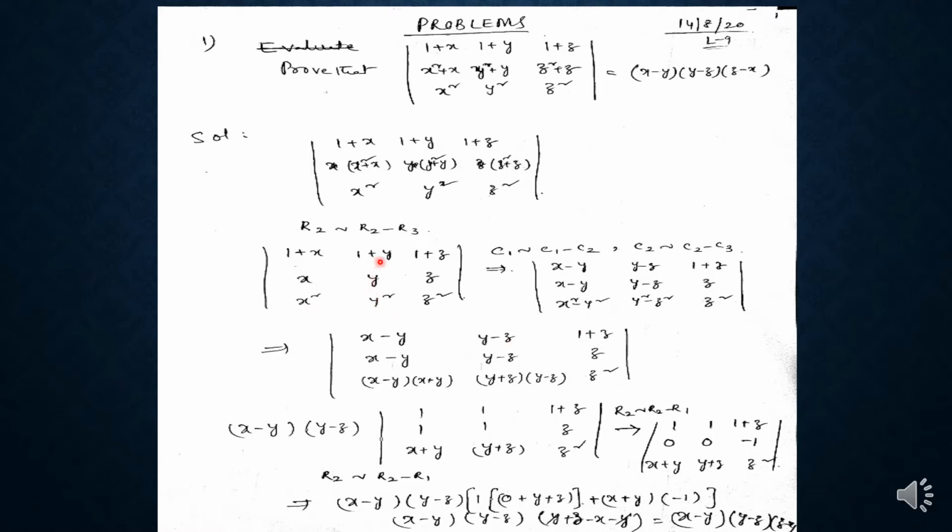Now changing C2 as C2 minus C3, we get y−z, y−z, y²−z², and the third column is 1+z, z².